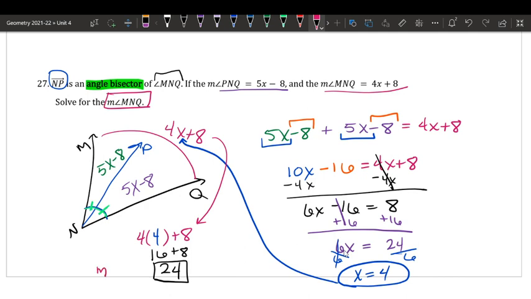So this is the measure of angle MNQ equals 24.